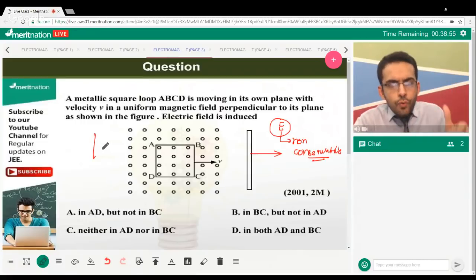Overall, for the loop, the net EMF induced will be zero. But when we talk about one side of this square loop, you can see that it's cutting the magnetic field. So an electric field will be induced in both AD and BC.